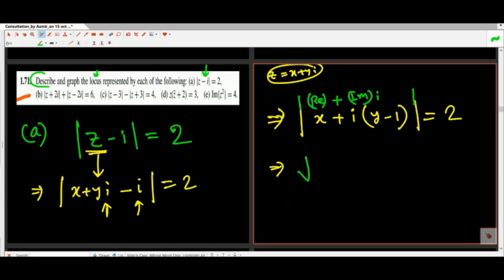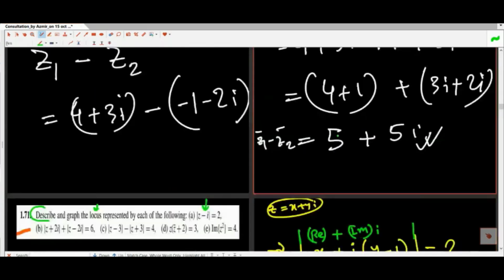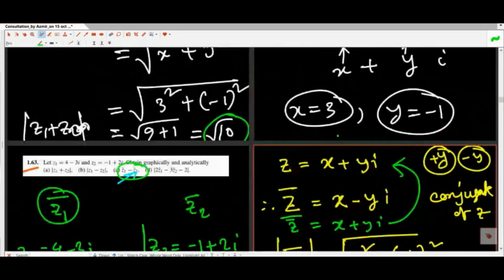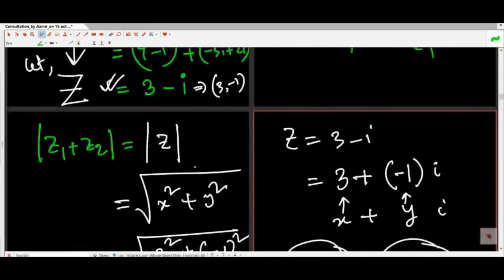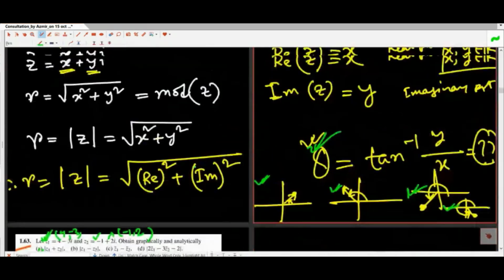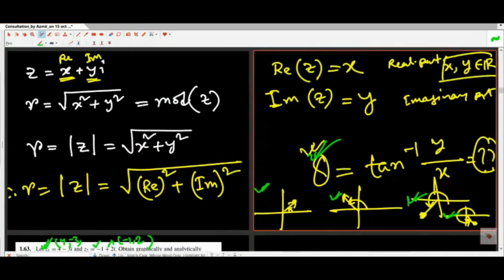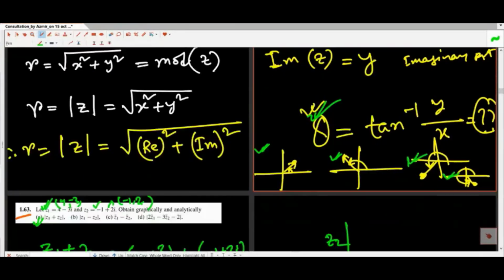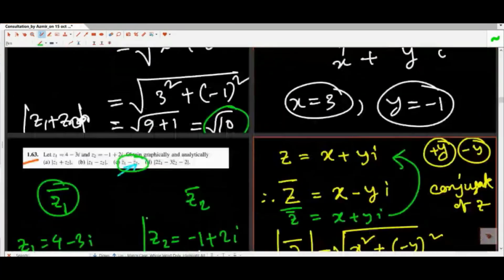In order to remove the modulus sign, we can write modulus of z equals square root of real part squared plus imaginary part squared. So this part is important.